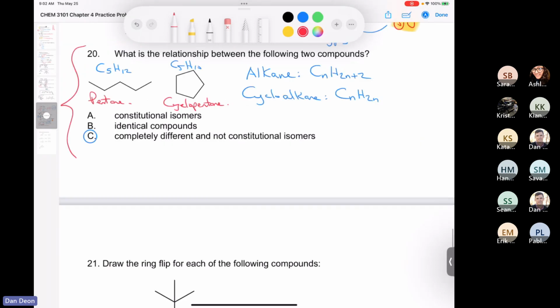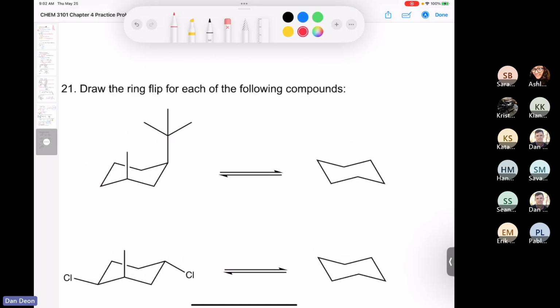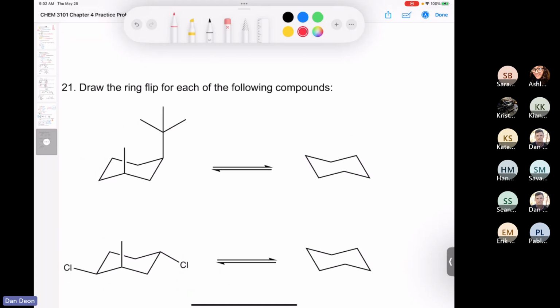All right, here we go. Let's draw some ring flips. Like a house flip. This is like HGTV here. Draw some ring flips. Okay, so remember what we're going to do here is we're going to say 1, 2, 3. So when we flip the ring, this carbon is going to go down in that direction. So we have 1, 2, 3 now.